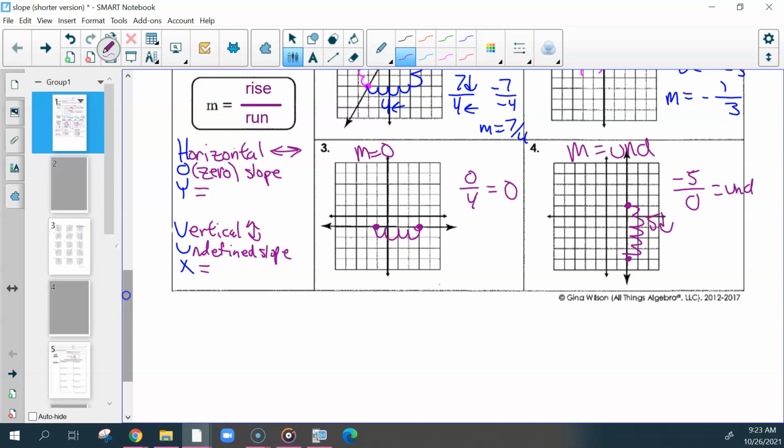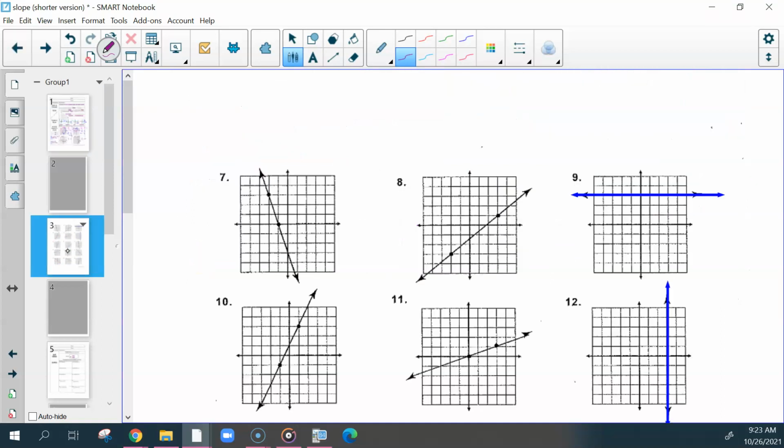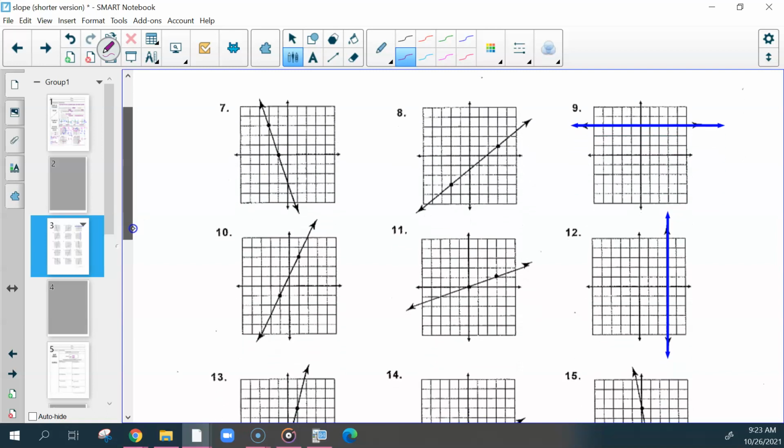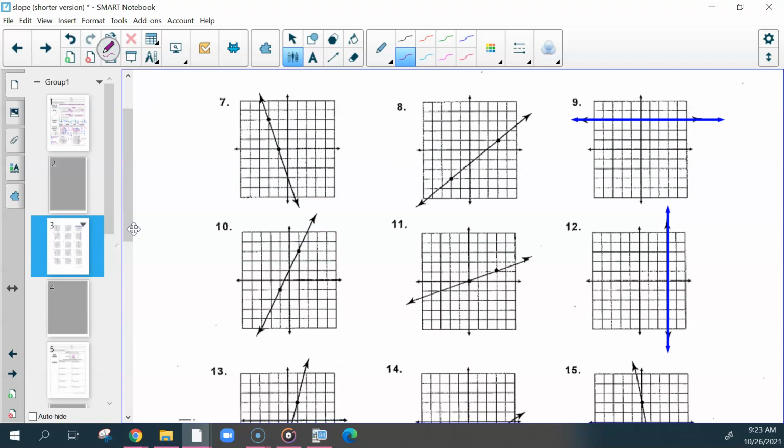Hold on 1 second, I'll send you. This next page has a bunch of different problems. I'm not sure if you can see it very well. Number 9 and number 12 have horizontal and vertical lines. You may need to outline that. I want you to do as many as you can in the next 5 minutes, and then I'll show you the answers and we'll go through them.